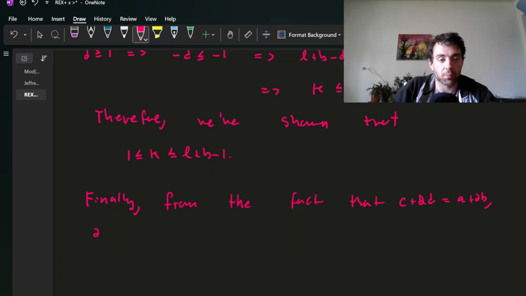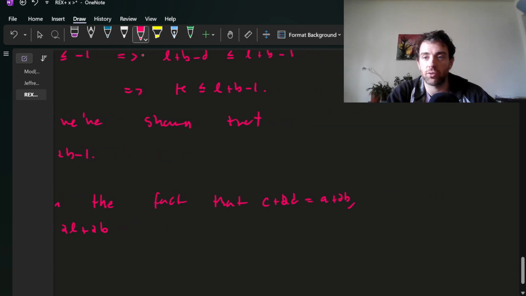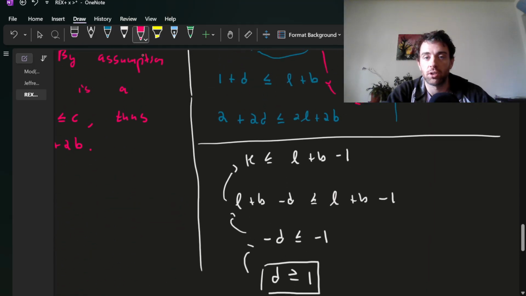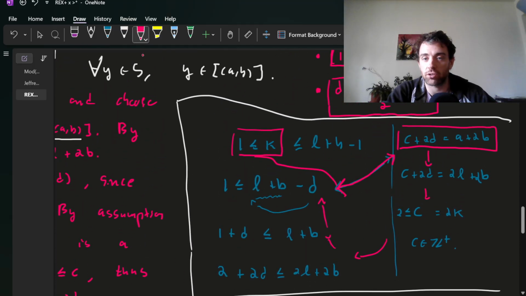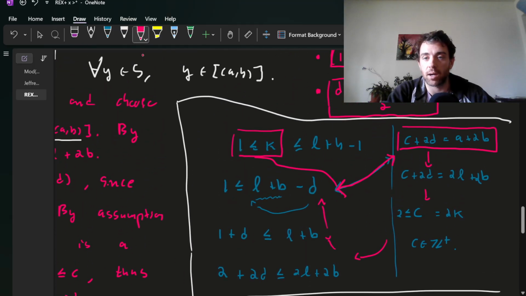So C we could replace with 2K. Let me move this over slightly. So we have 2K plus 2D is equal to 2L plus 2B, which implies that, well, so let's see. Do I want to divide everything by 2? So let's go up and check. What are we trying to show? Yeah, probably we should divide everything through by 2.